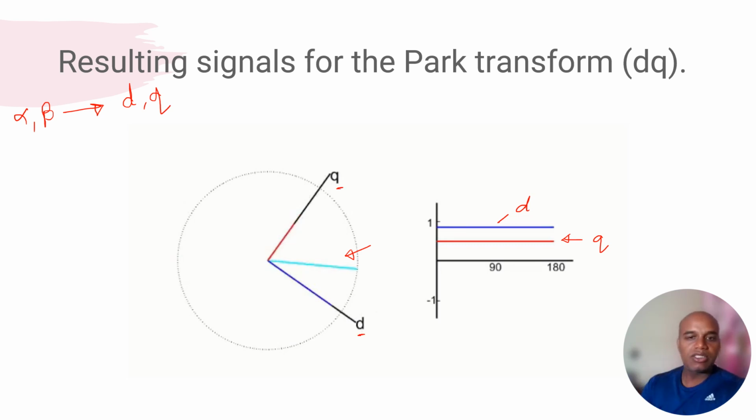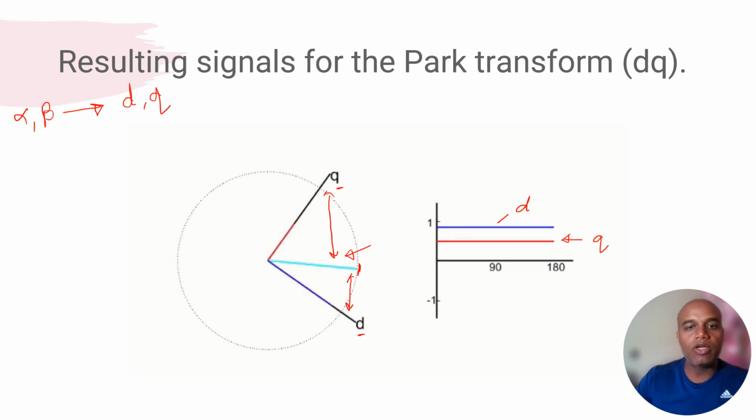If someone is standing at this arbitrary vector and sees the D distance and the Q distance from this arbitrary vector, as all three are rotating at the same speed, it looks like everything is constant.